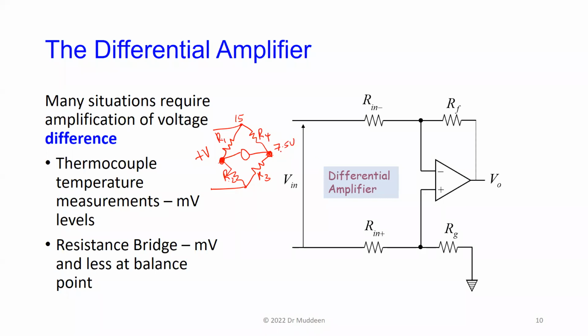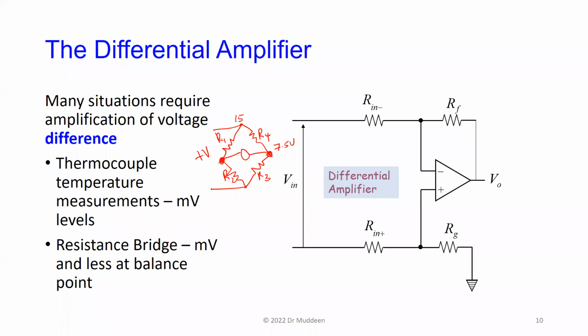When they are just off balance, 1 point will be 7.5 plus a very small voltage, and the other one maybe 7.5 minus a very small voltage. So what we are interested in is not the 7.5 volts part, but the difference between the two of them. And that's where this differential amplifier comes in.